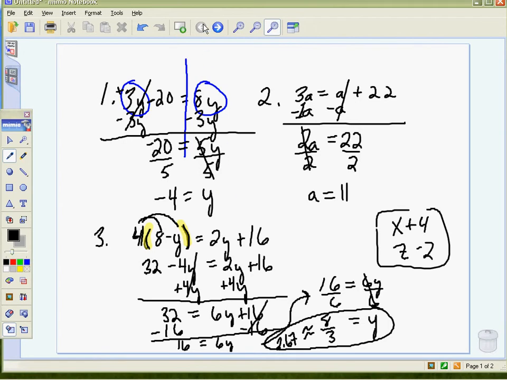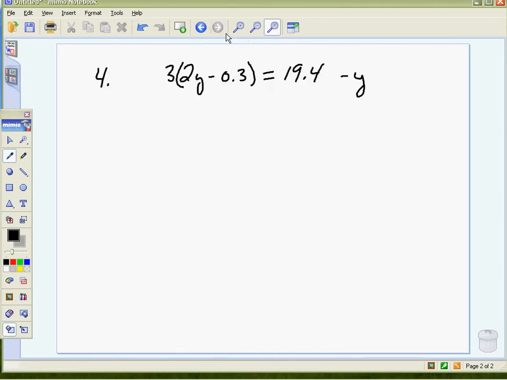So let's try one a little bit more challenging. We've got decimals. So I've got the 3 right outside the parentheses here, and I have 2y minus 0.3 inside, which means I need to distribute the 3. So I get 3 times 2y is 6y.